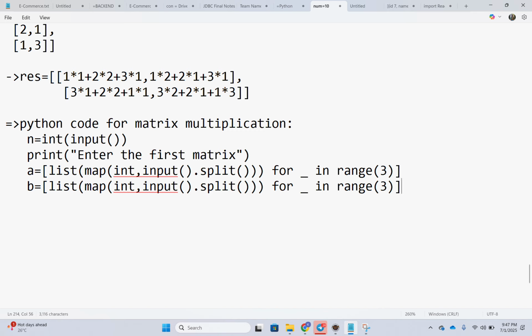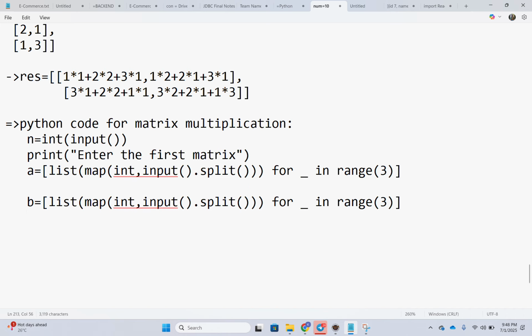Okay, I had a mistake here. This is the right one. When you are developing websites, you'll use Control C and Control V a lot. It is the best suggestion.